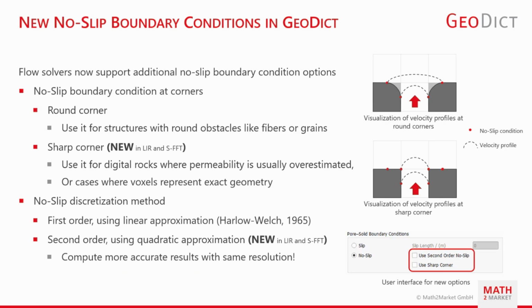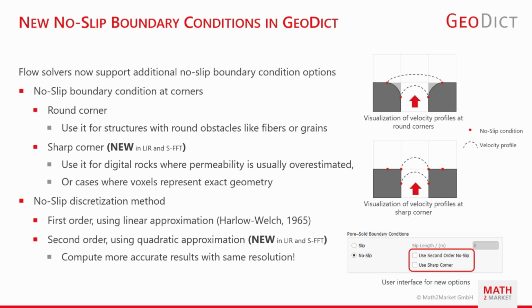And this sharp corner can be very interesting for rocks, because in rocks we usually overestimate the permeability, as you have seen in my very first slide. And here it can be very useful to get closer to the measurement. And this feature does not introduce more runtime or memory. So memory is the same, runtime is also almost the same, so you get additional accuracy for free.